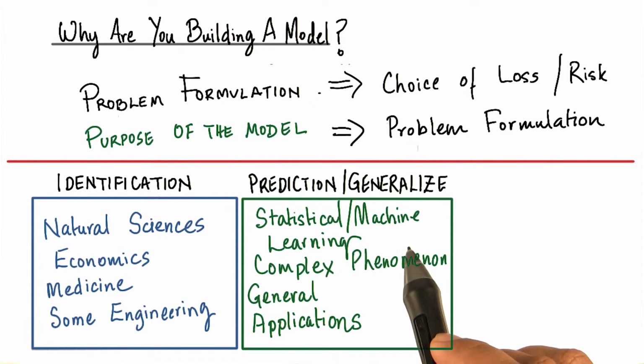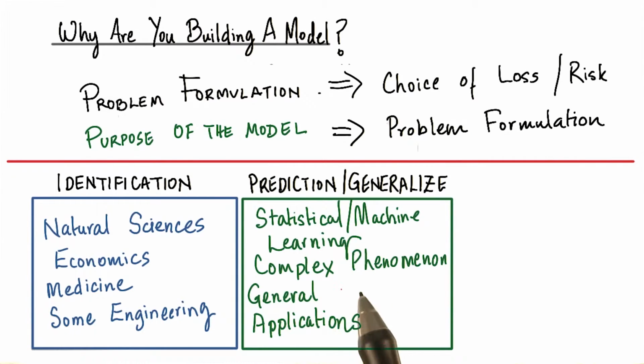In statistical learning, we accomplish more than just identification. We choose systems that are quite complex and often models with many non-linearly correlated variables to describe them.